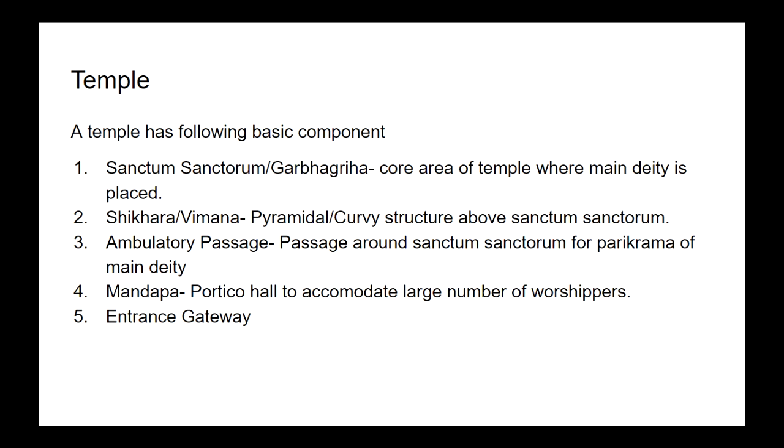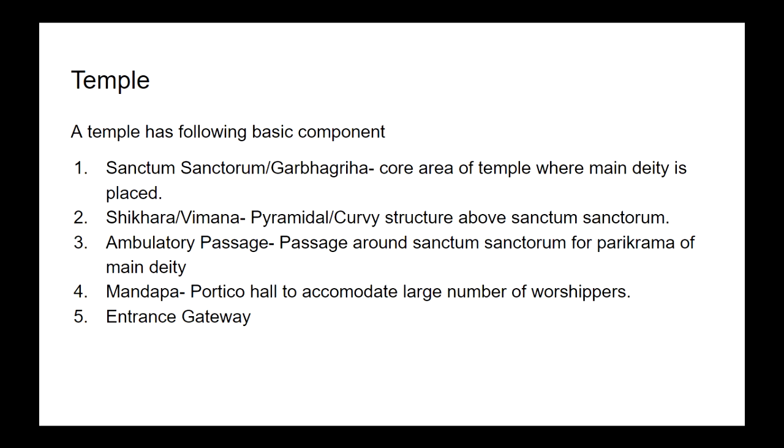So in this slide, I will tell the basic components of a temple. One is sanctum sanctorum or garbhagriha. It was the core area of the temple where the main deity is placed. Then the second one is sikhar or viman. It was an upraised structure above the sanctum sanctorum or garbhagriha.